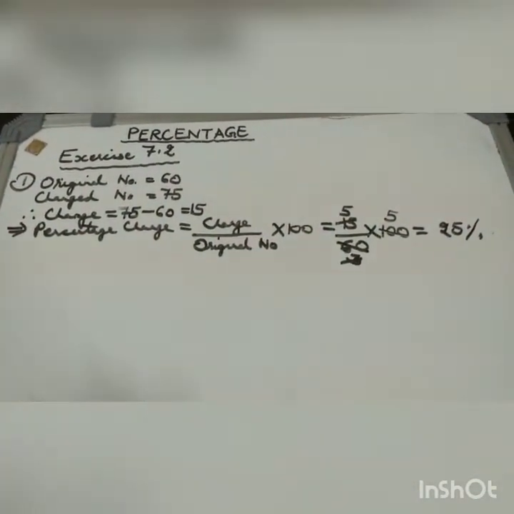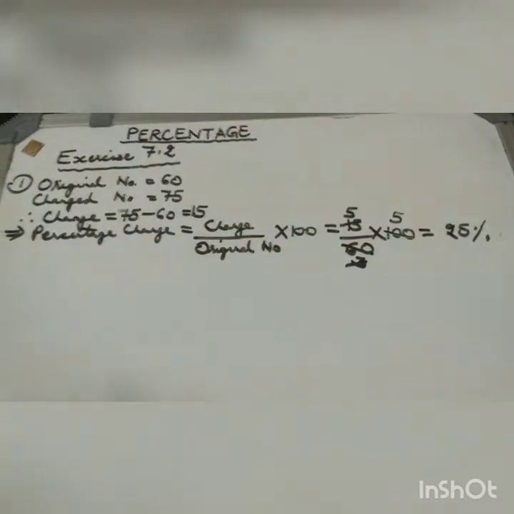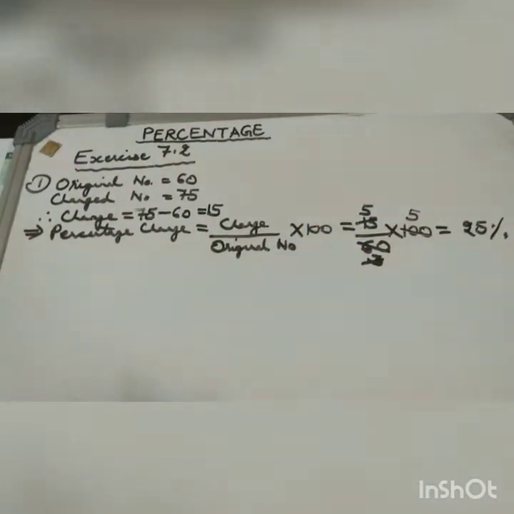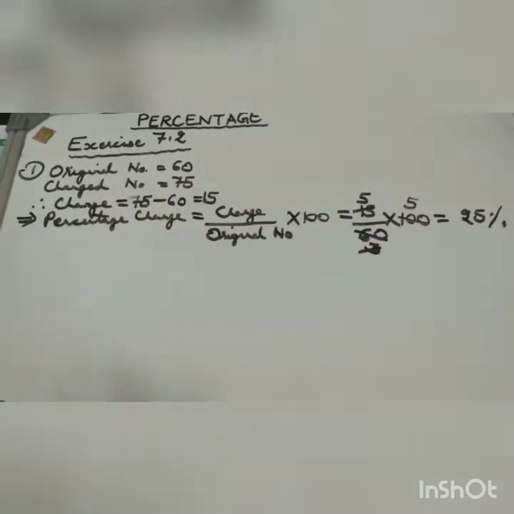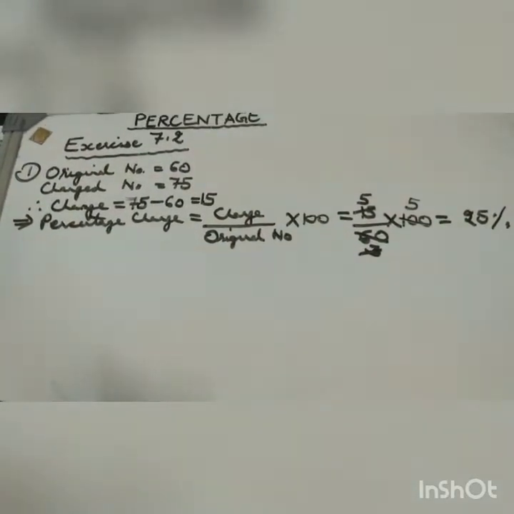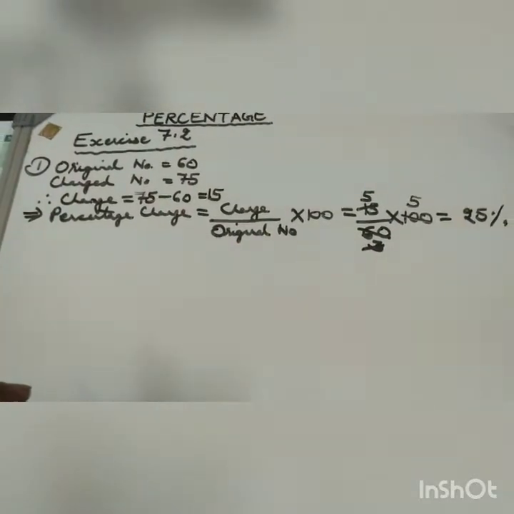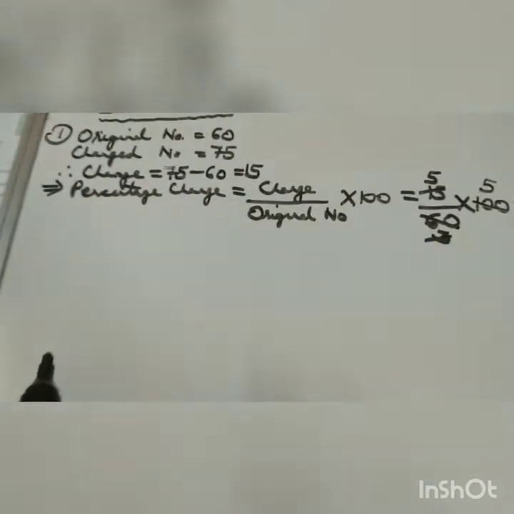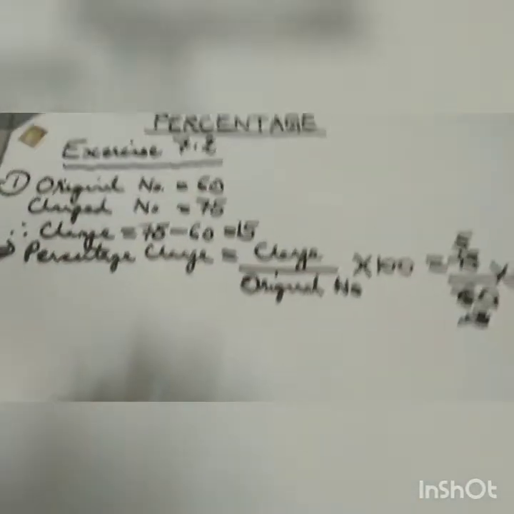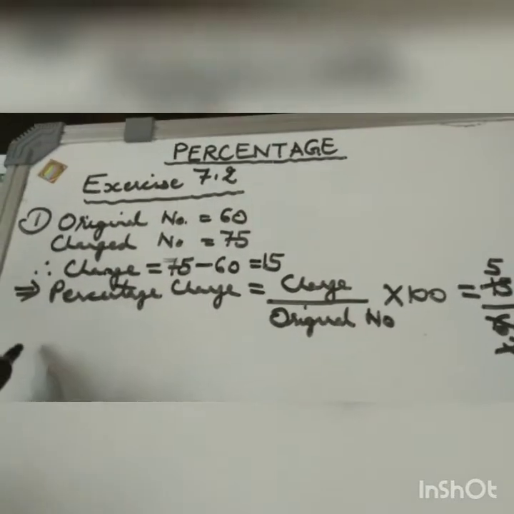Even in question number 2, this exercise is very simple in fact, but of course we have to do it, and you will be doing all the sums because there is nothing much to do. A number when decreased by 12.5% becomes 525. Find the original number. Now what will you write?